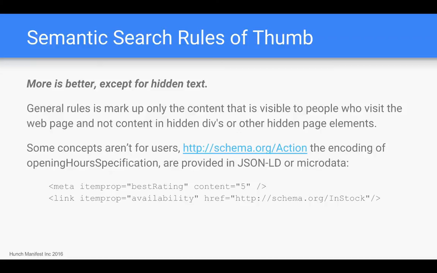An action is something that you would encode with JSON-LD, and that's not something that you're going to show to the user specifically. Another one might be the encoding of opening hours specification. You're not going to go through and make reference to all the exact different encodings in the opening hour specification.